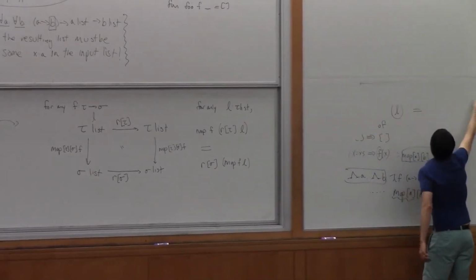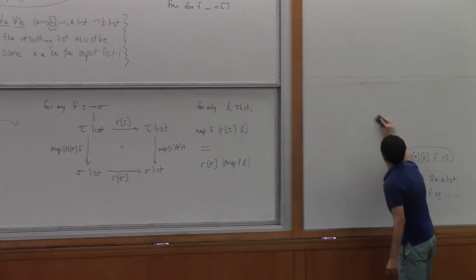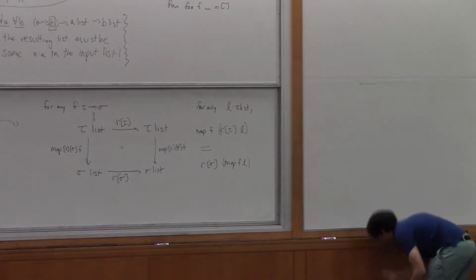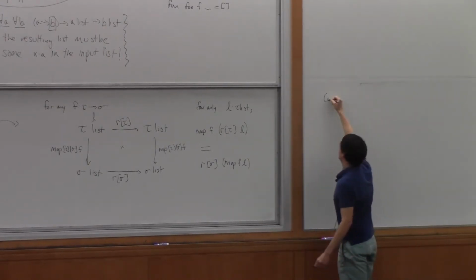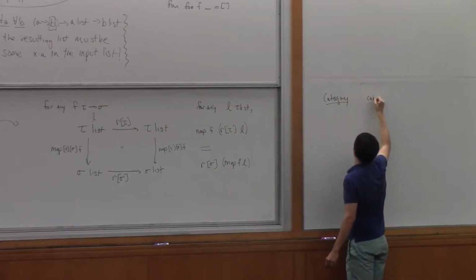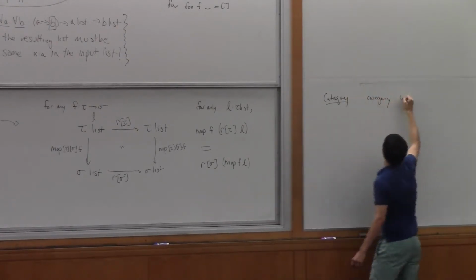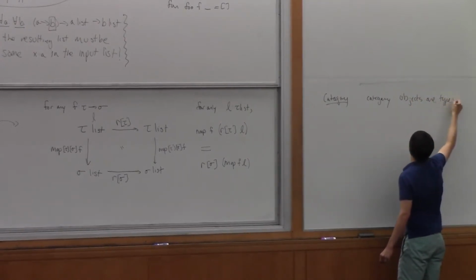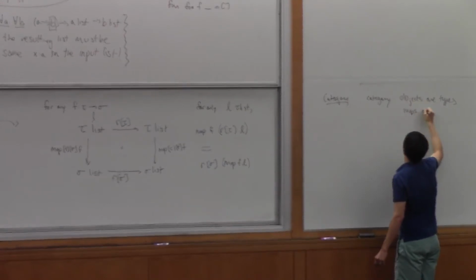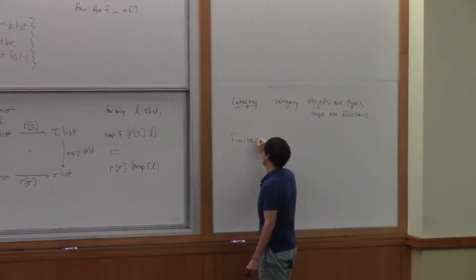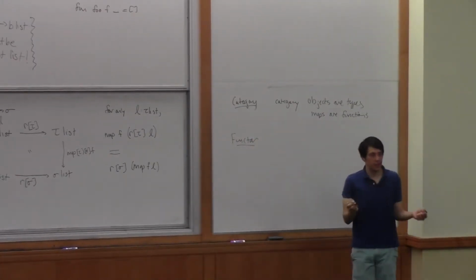What we just said is that yesterday Ed introduced the notion of a category, and in particular the category whose objects are types and whose maps are functions. And then the idea of a functor, which was a map between categories.